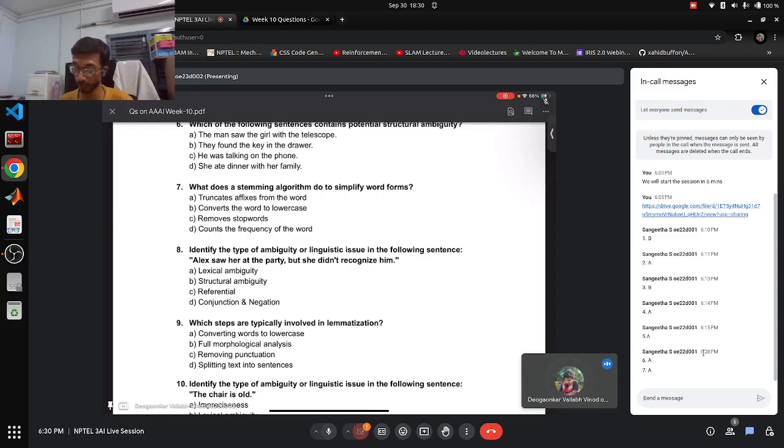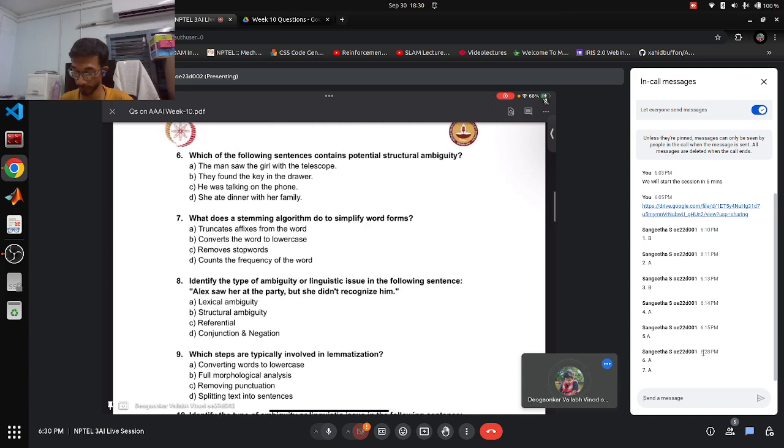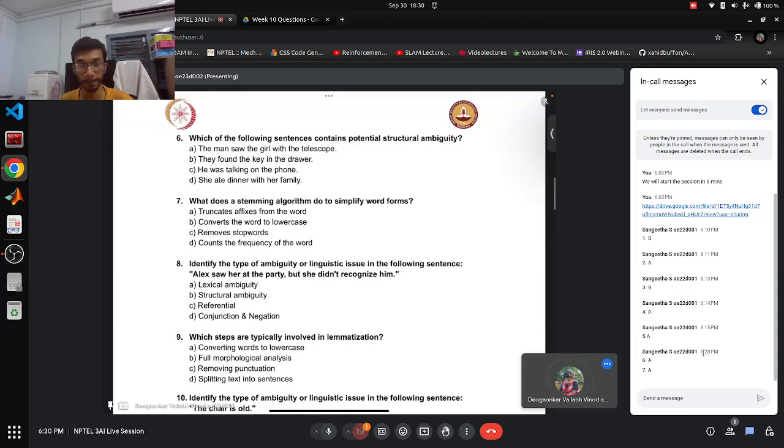So what we essentially try to do is truncate the affixes of the word, and that is what we do in the stemming operation. Converting words to lowercase, removing stop words, or counting the frequency are not part of the stemming algorithm. Typically it includes truncating the affixes of the word. So the answer to 7 is A.